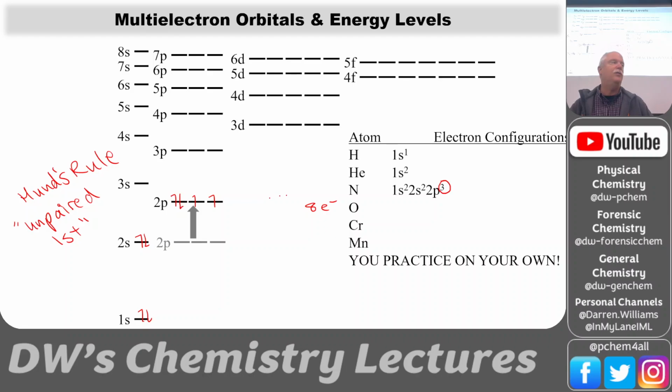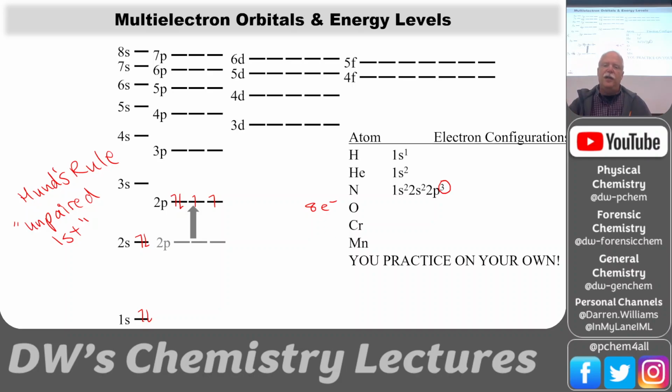Now, it doesn't really matter which one you put that electron in, because we're dealing with electron configurations. A permutation is a microstate. So we put that paired electron in the first orbital, let's say m sub l minus 1, or in the middle one, m sub l 0, or the right one, m sub l plus 1. That's 3 microstates. And they, at this point, have the same energy.